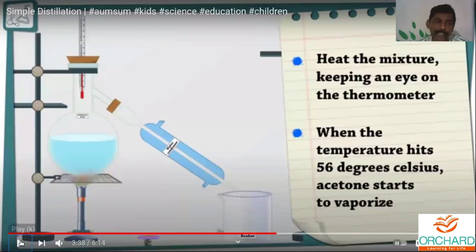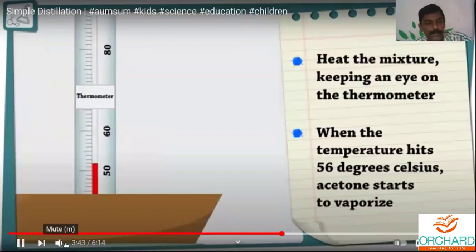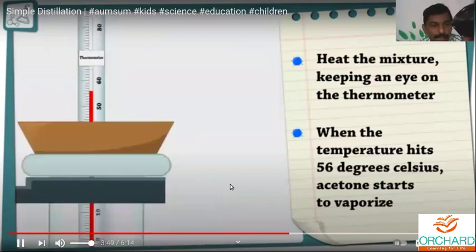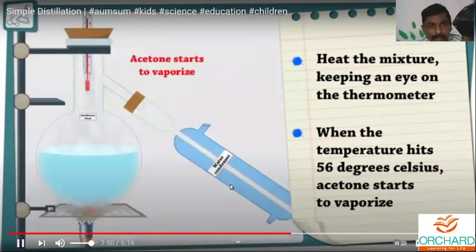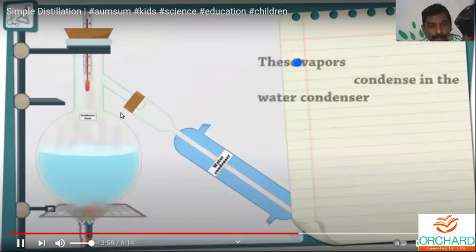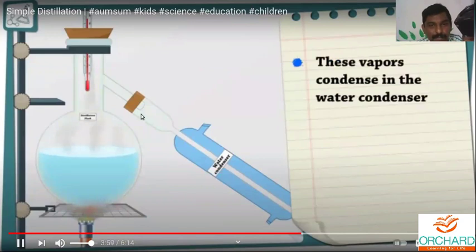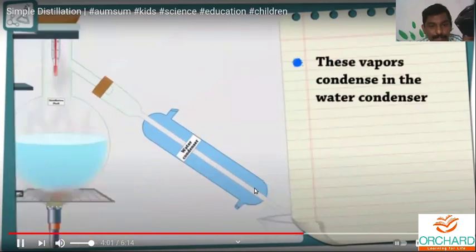So listen what happens. Acetone starts to vaporize. These vapors condense in the water condenser.